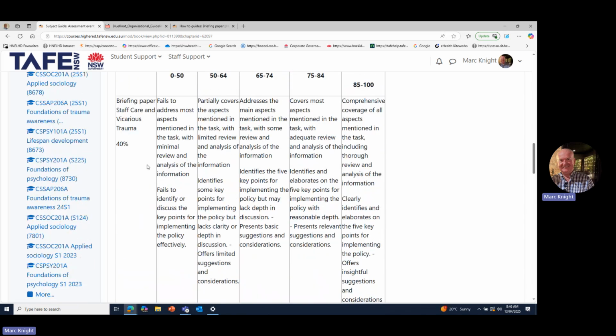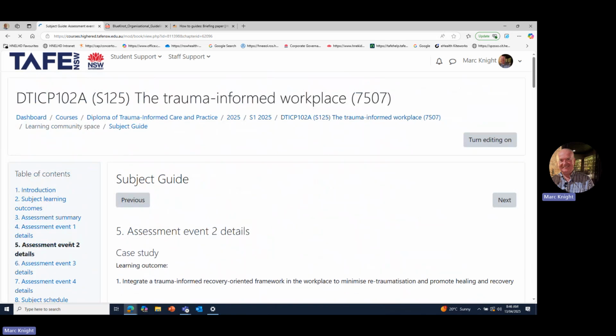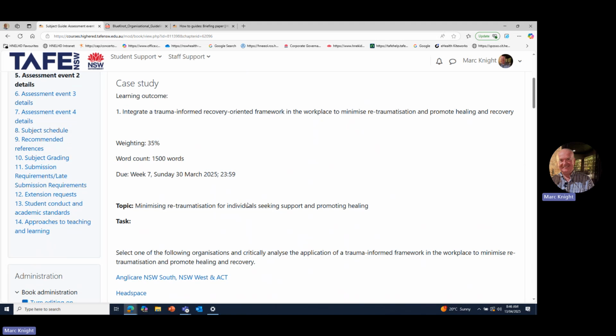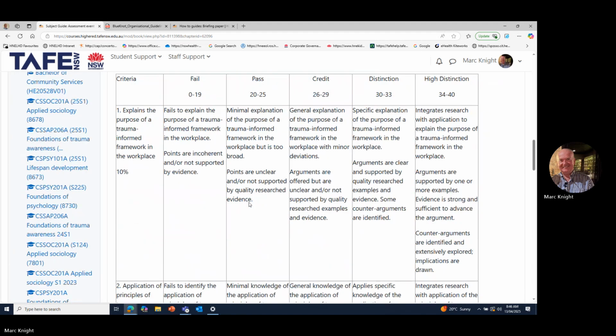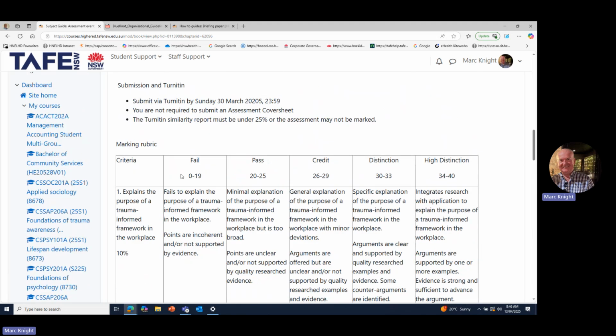Unfortunately for the first assessment, let's go to second assessment, I should say, it was a bit confusing. These scales here were wrong. They should have been your normal 0 to 49, 50 to whatever, and so on.